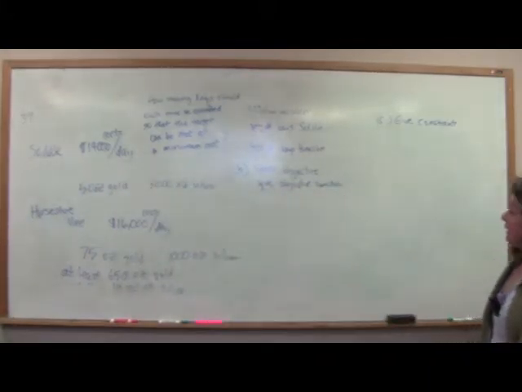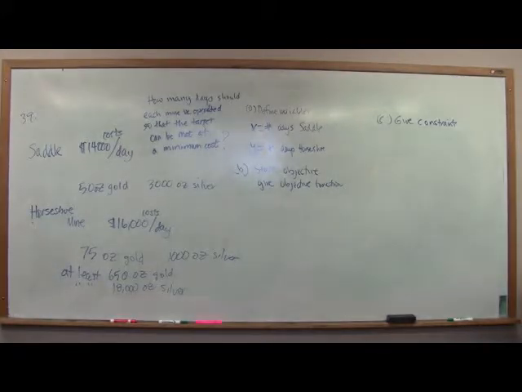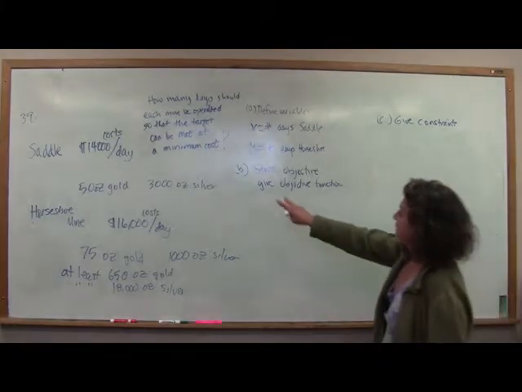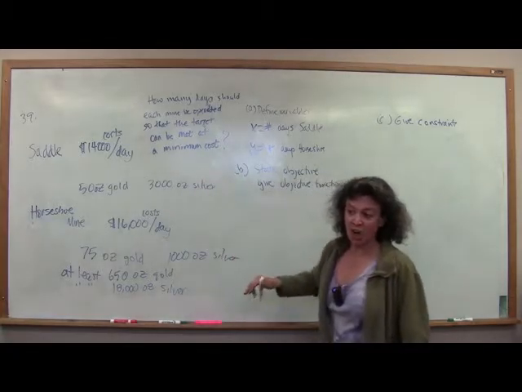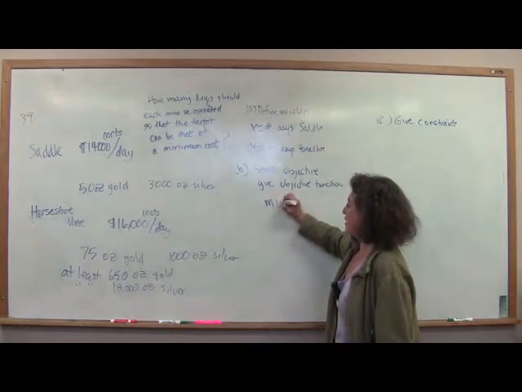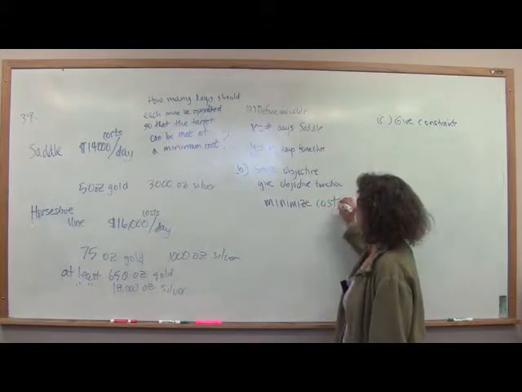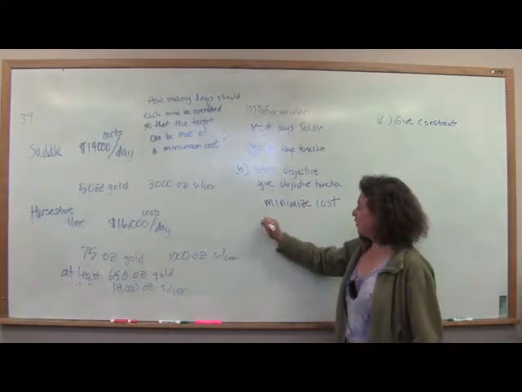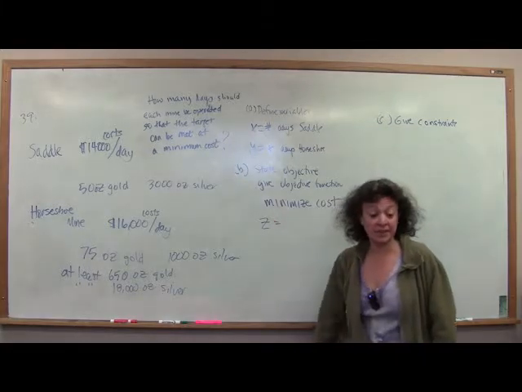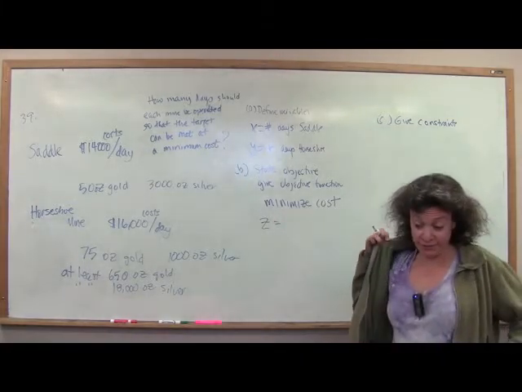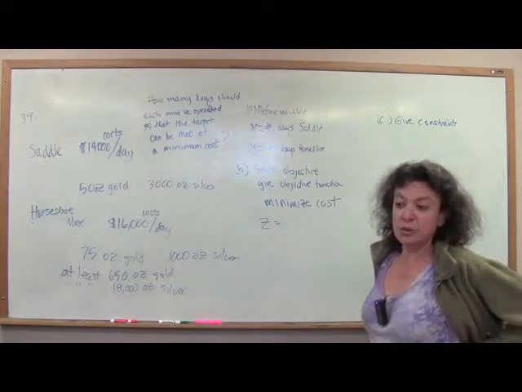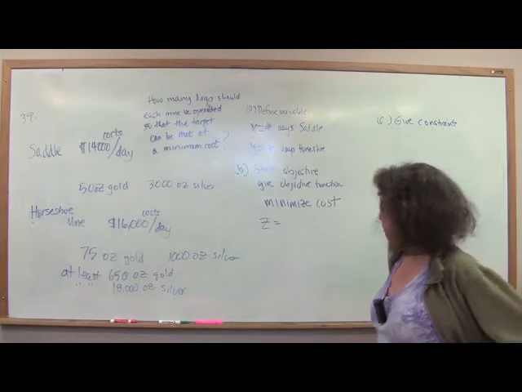Okay, next we want to state our objective and give our objective function. Well, isn't our objective to minimize our costs? Remember, your objective is always just 2 words long. So if our objective is to minimize our costs, that means our objective function is going to be our cost function.